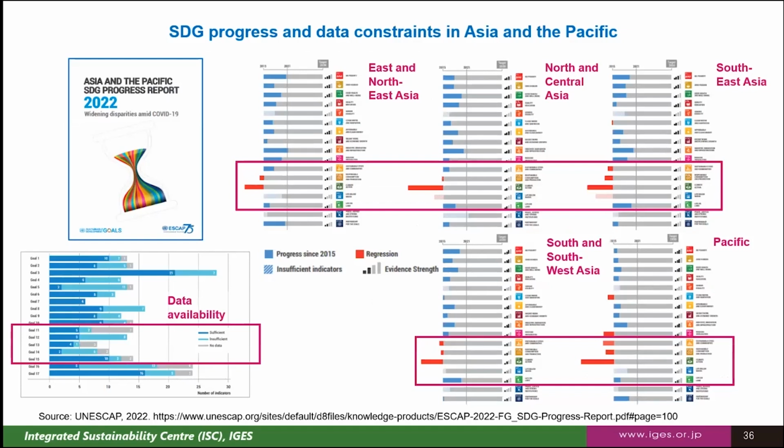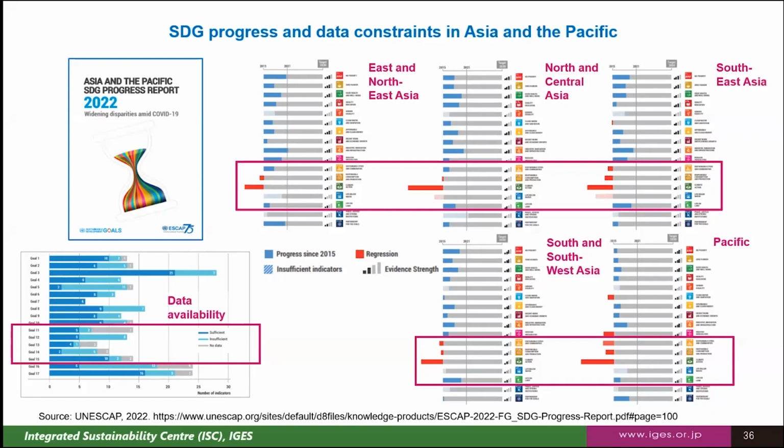The UN ESCAP assessed the SDG progress in Asia and the Pacific in their recent report. And we can see that progress towards the SDGs in 5 sub-regions in Asia Pacific has slowed, and the region is not on track to achieve any of the 17 SDGs. For the environment, all 5 sub-regions have regressed on responsible consumption and production, Goal 12, and climate action, Goal 13.